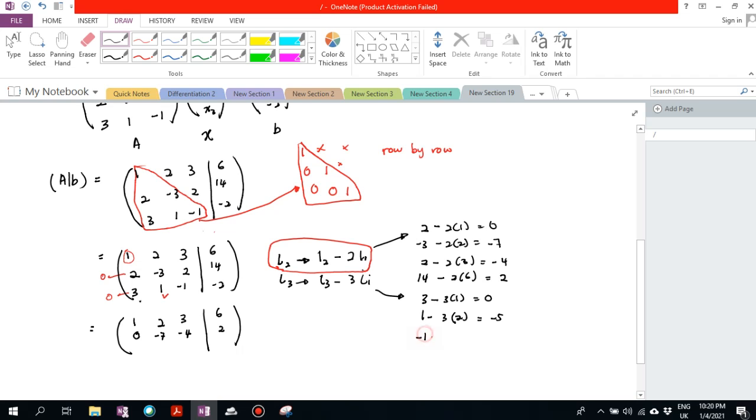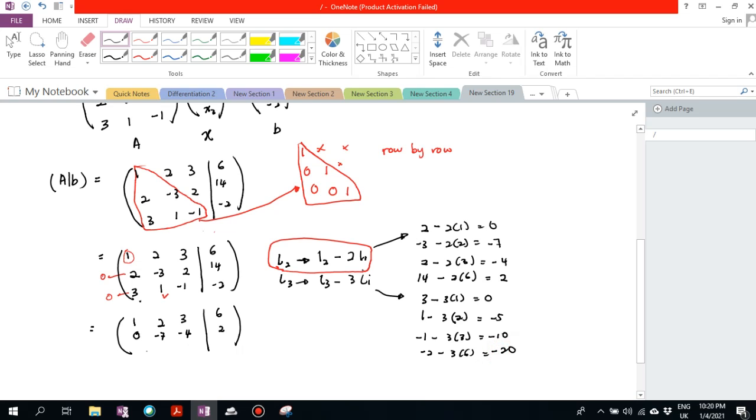Then negative 1 minus 3 times 3 becomes negative 10. For the last one, negative 2 minus 3 times 6, so you will get negative 20.